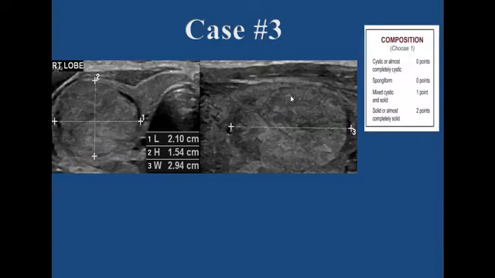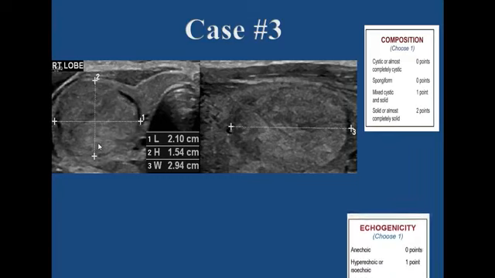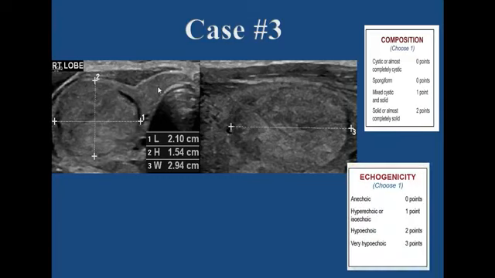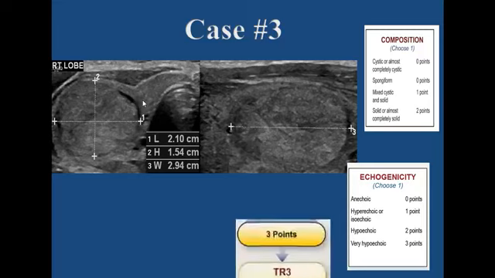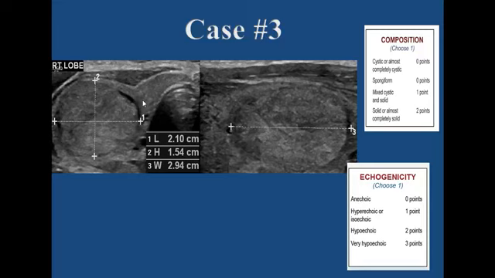Here for the composition, I think we have a solid nodule. For the echogenicity, when I compare it with the thyroid, we can see that it is isoechoic to the thyroid. So we are going to give it 1 point, and it looks wider than tall, well-defined margin, and no echogenic foci.